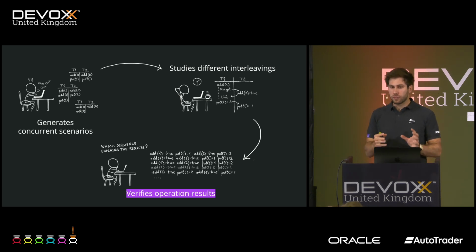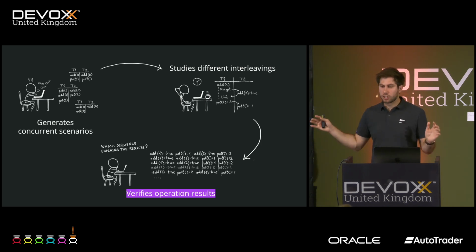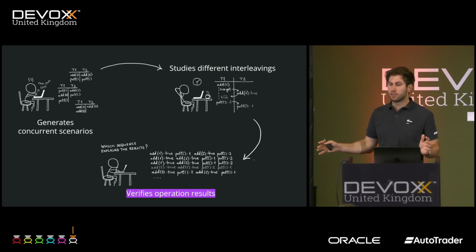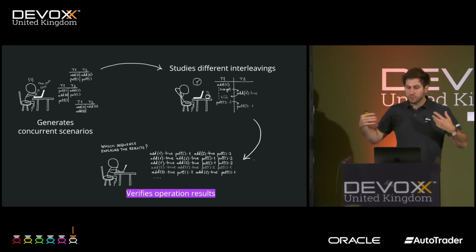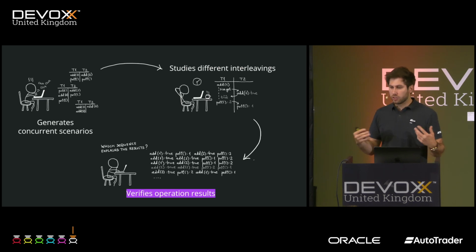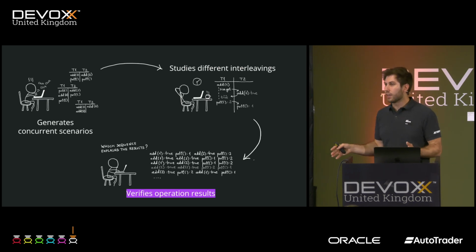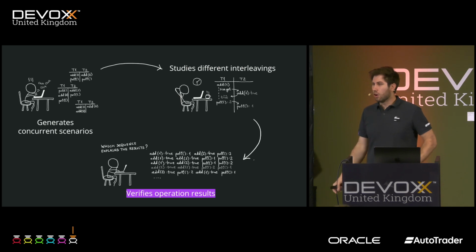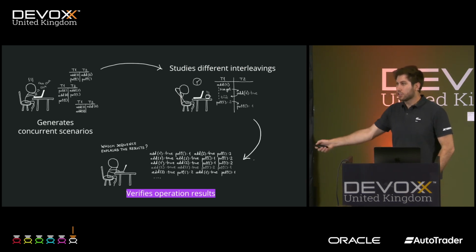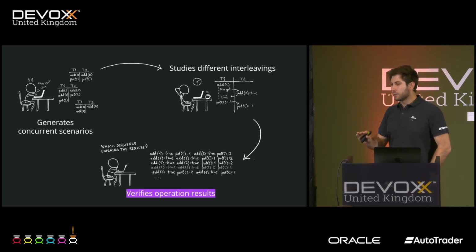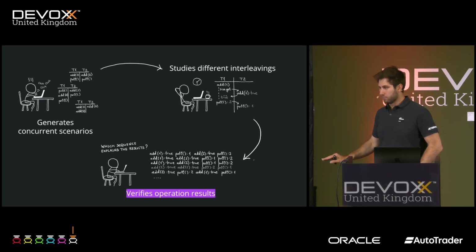It tries to find such a sequential execution that produces the same results. And if Lincheck can find such a sequential execution, then everything's fine. But if it cannot, it says, oh, there is no such execution. This execution is 100% non-linearizable.